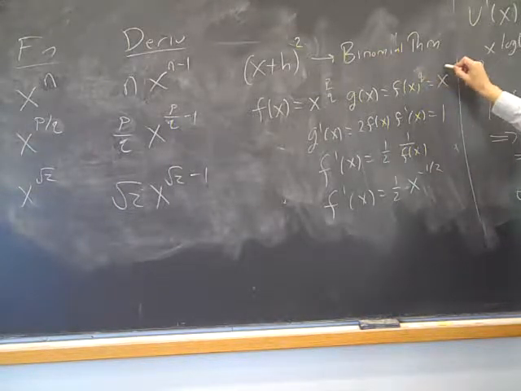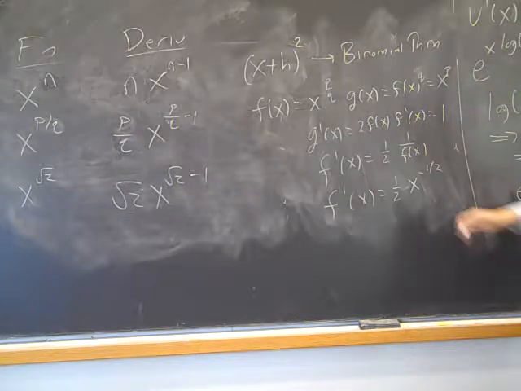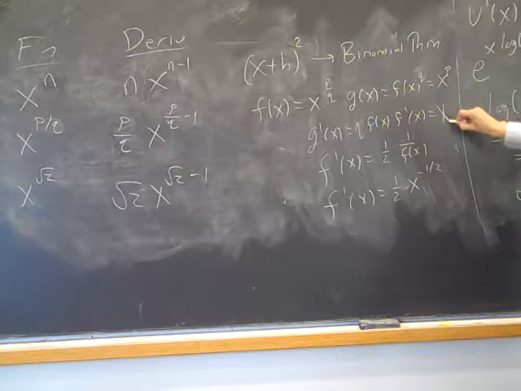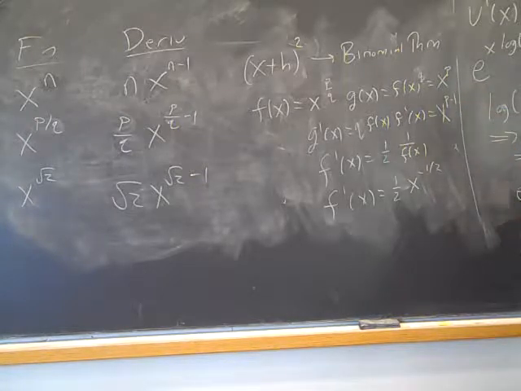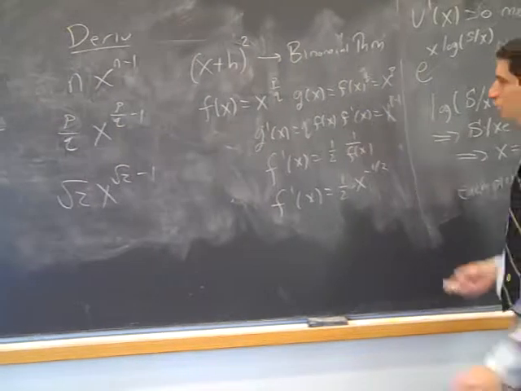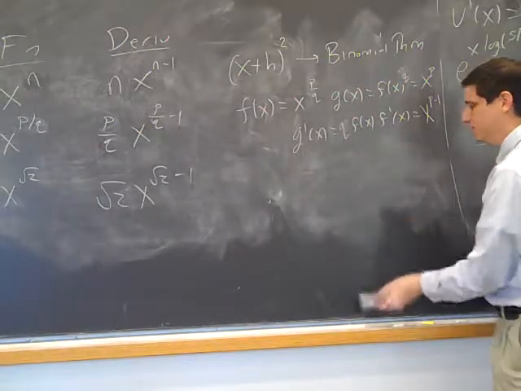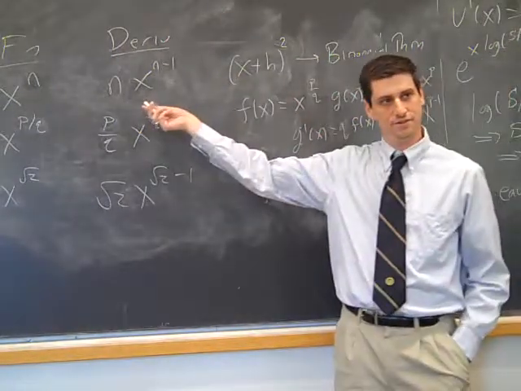That will give me now x to the p. And now I'll get a q f of x, f prime of x, x to the p minus 1. And now you just go through and you finish the algebra. And so this is how you would take the derivative if I gave you a rational exponent.